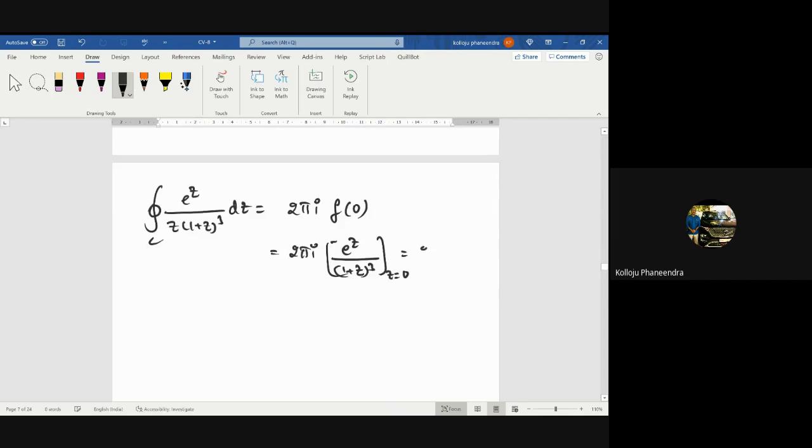So this is 2πi times e^0, 1, by 1 cubed. The answer is 2πi. Is it clear? Do you still want more problems?